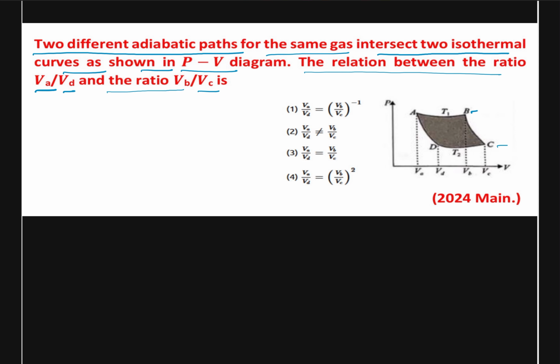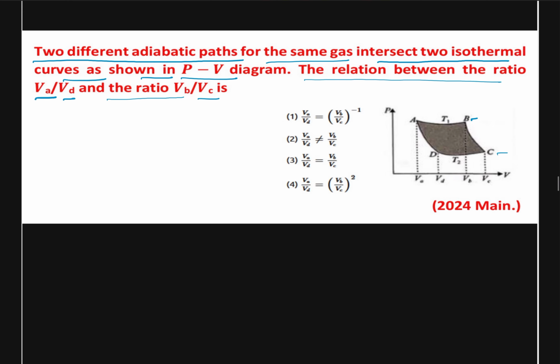So they are intersecting at various values of temperature, pressure as well as volume. So basically this is a cyclic process. We can assume it starts from A, goes to B, then to C, then to D, and comes back to A.